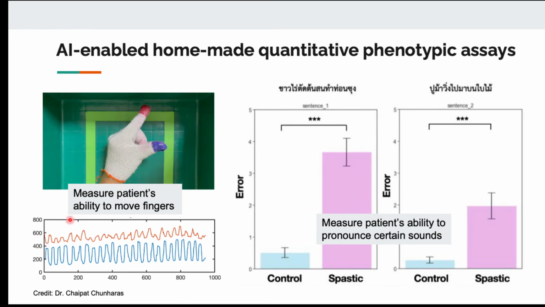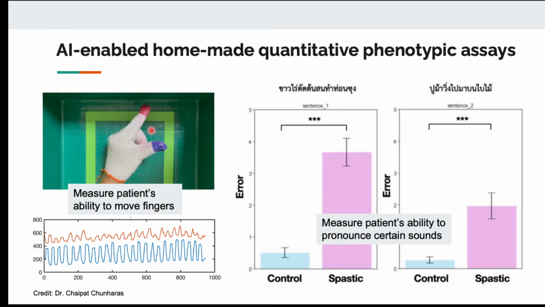For example, certain patients that have a neurodegenerative disorder might not be able to control their hand very well. So sometimes we ask the patient to close their thumb and their index finger together, and we want to monitor how fast they can do it.